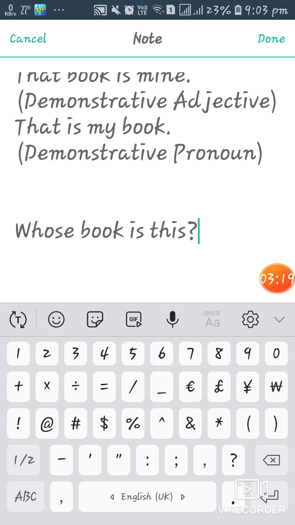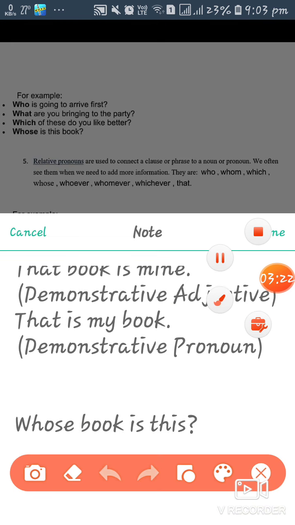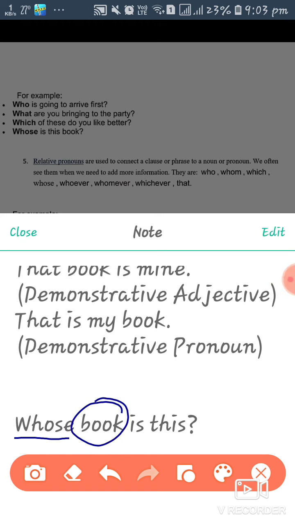Alright. So again you can see that the word whose is placed next to the noun. So it is acting as an adjective. It is describing the book. So it is an interrogative adjective.